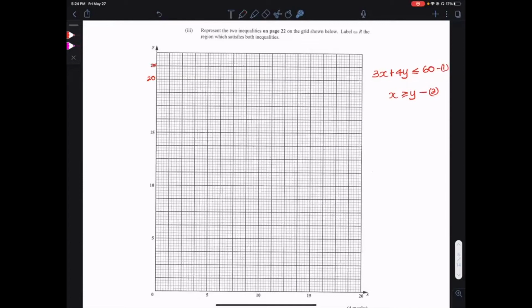Notice on my y-axis, the largest number is 20. So I couldn't possibly use the equation with 1200. There is no value on the y-axis like 1200.